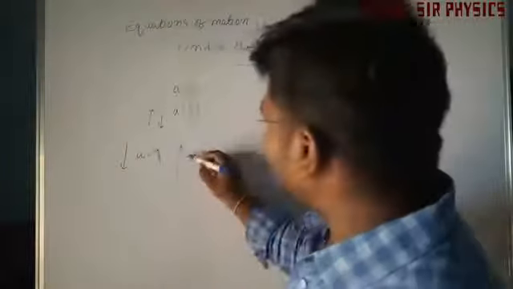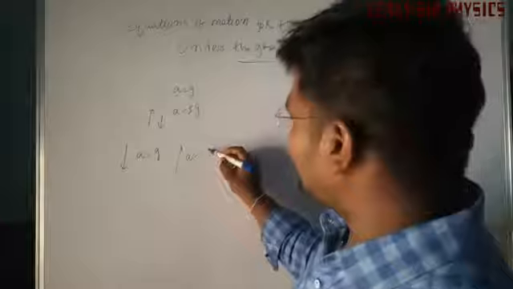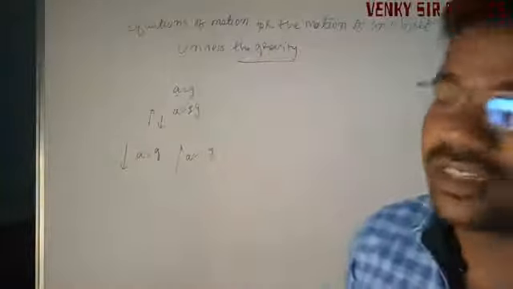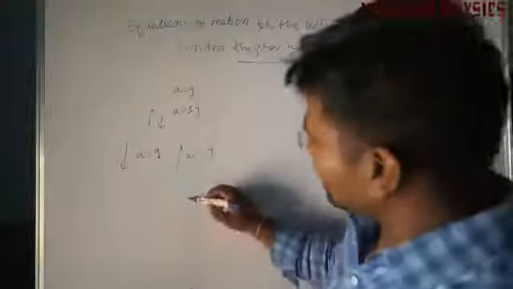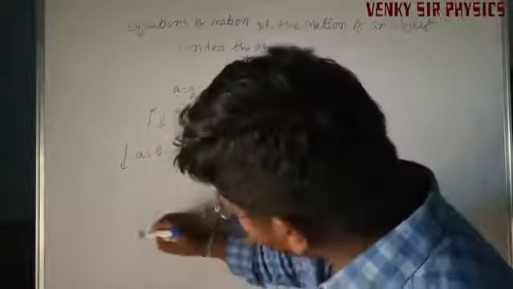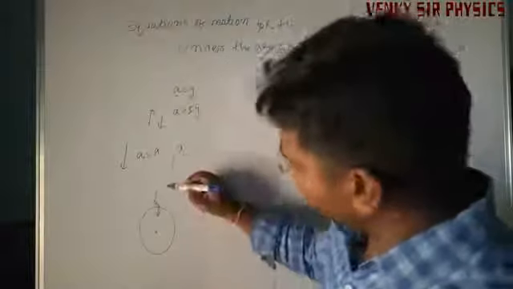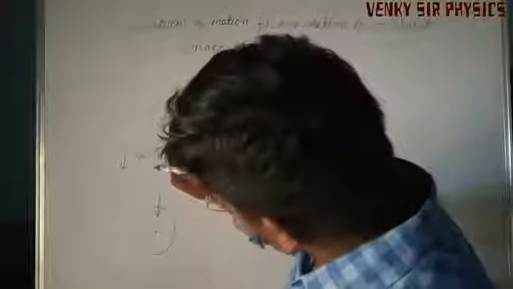When the body moves downwards, acceleration is equal to the acceleration due to gravity. When the body moves upward, acceleration is equal to minus the acceleration due to gravity. Because the earth is there, gravity is always downward, so acceleration is also downward.